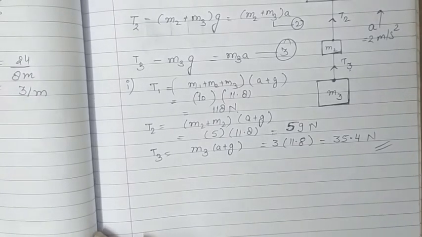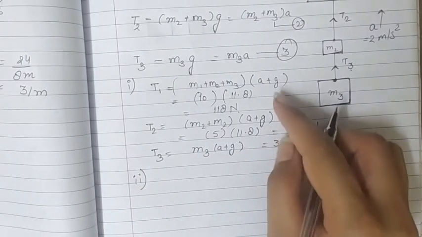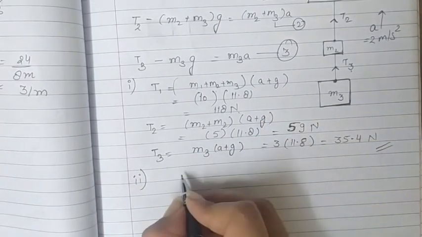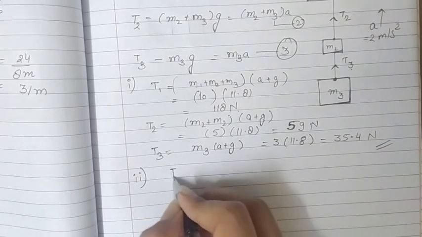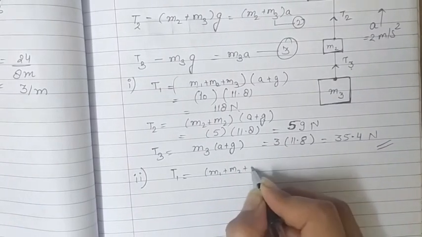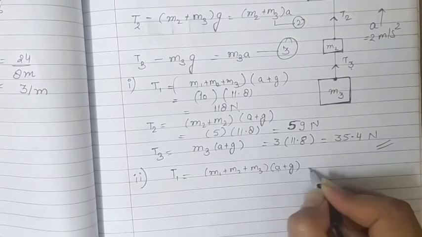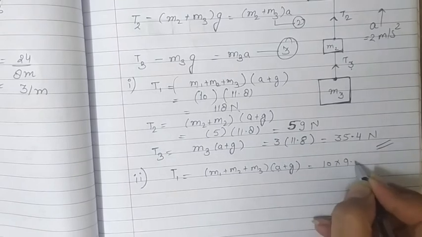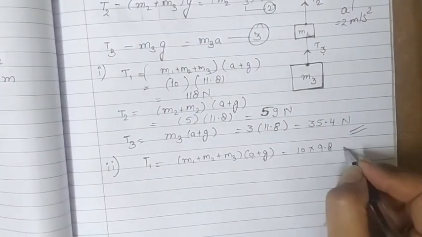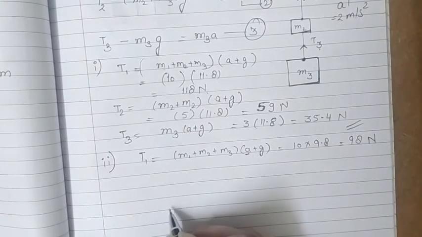Now for the second case, we will put a equal to 0 in all these equations. Then in that case we get T1 is equal to (m1 + m2 + m3)(a + g), but a is equal to 0, that means it will be 10 into 9.8, which is equal to 98 newtons. Acceleration a will be 0 for a stationary system.